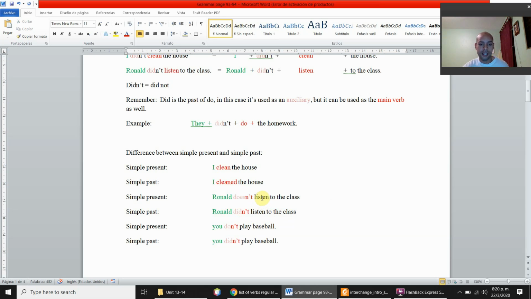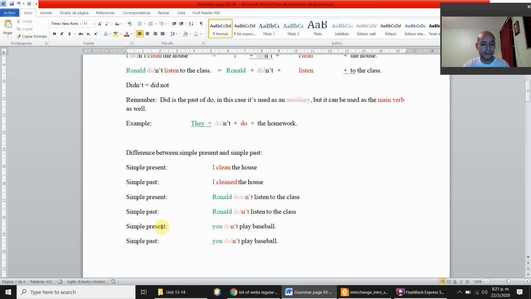Listen stays the same way in the normal form. And here in the past, listen stayed the same as well. What changes here is that we add the auxiliary. Doesn't, in the case of the third person singular. And here in the simple past, there's only one form, didn't, for all the persons, the first person, the second person, the third person. They all use didn't.